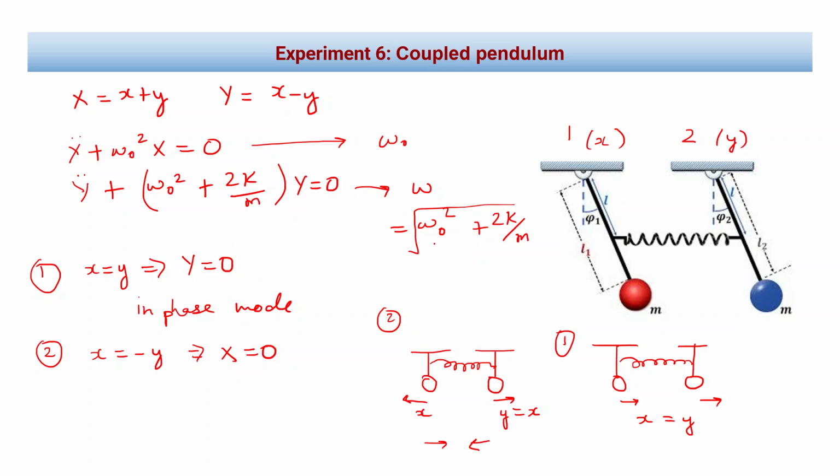It's not simply omega naught here, but a plus 2k by m factor is also coming because they are coupled now, and this is called out of phase mode. These two modes of oscillations are called normal modes.